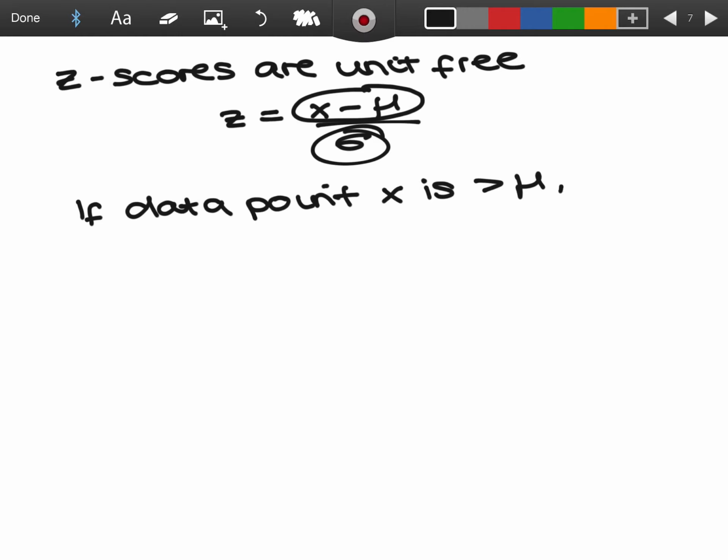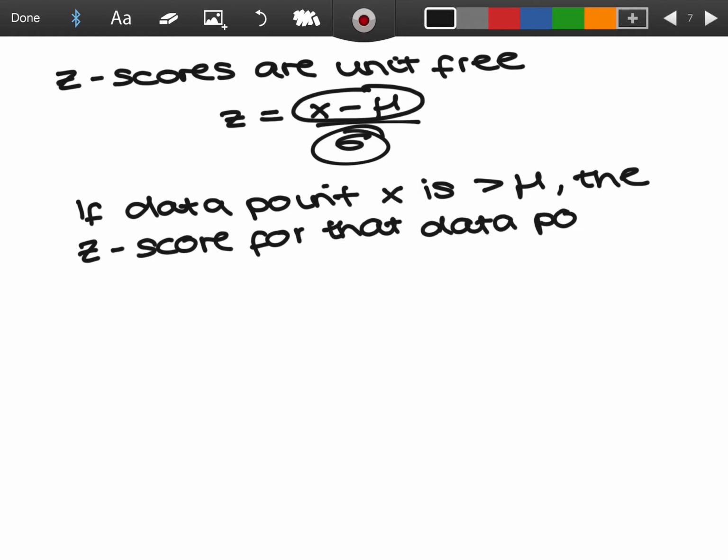So if your data point x is greater than the mean, the z-score for that data point is positive. Okay. Now, if it's below the mean, so if x is less than the mean, then if I do x minus the mean, I'm going to get a negative number.